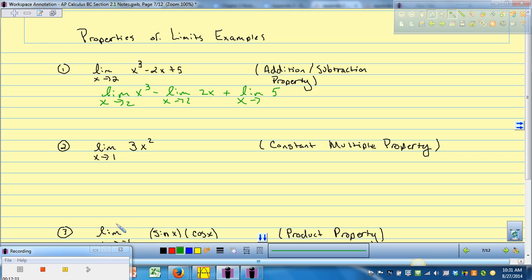All right, this is the addition and subtraction property, that the limit of a sum or difference is equal to the sum or difference of the limit. We could do them one at a time. You don't have to write it out this way. You can still just plug into each, but we should know that the limit of this polynomial is equal to the limit of each of its terms added and subtracted together. And what do we get?